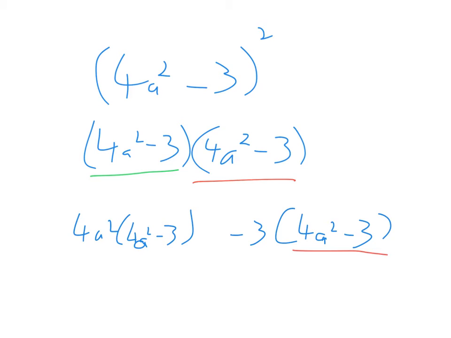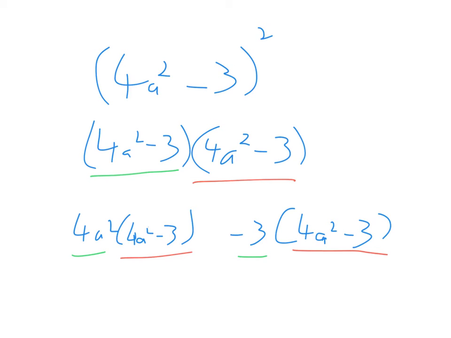In these ones it is again really important to make sure that you've got it clear in your head what you're doing. In these ones in particular, it can be really useful to highlight or underline them to show what color is what. So the 4a squared here came from the first bracket, and the minus 3 here came from the first bracket. Then we've written out the second bracket in full.